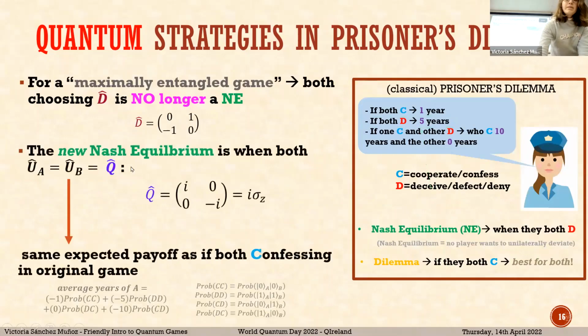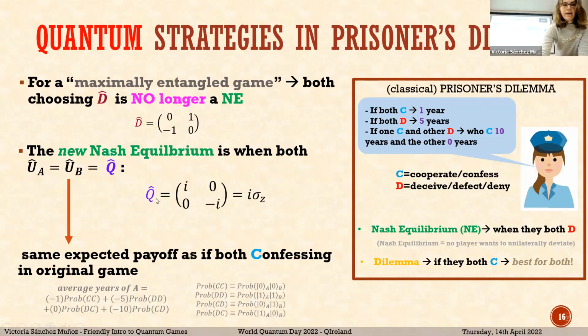So the new Nash equilibrium is when they both apply this Q to their own qubits. And when you do that, the expected payoff, meaning the average time that they spend in prison, looks like this for A, with the quantum probabilities and the confessing and defecting probabilities here.